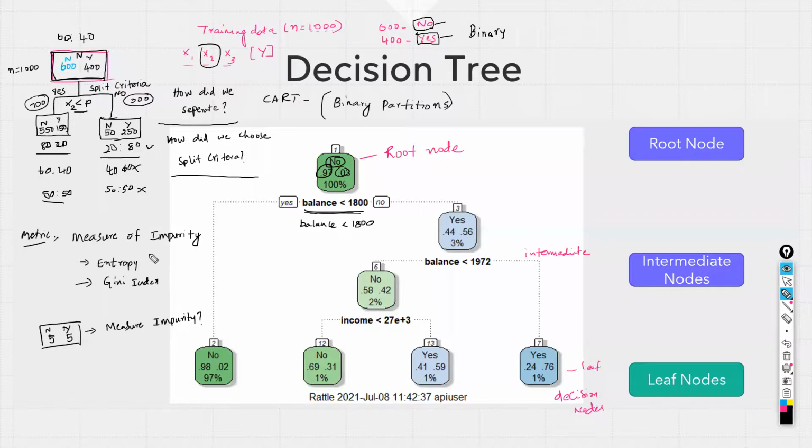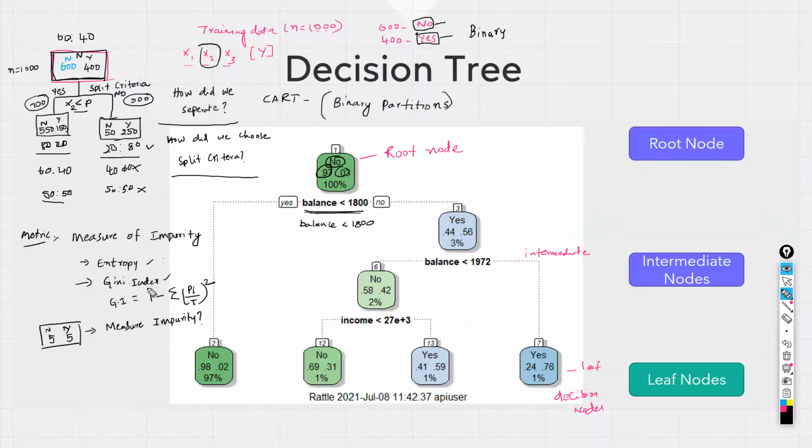So for that, we can use these two formulas. One is called entropy, another one is called Gini index. Here I would go with Gini index, which is typically measured as 1 minus sigma p_i by t whole square. So this is the formula.